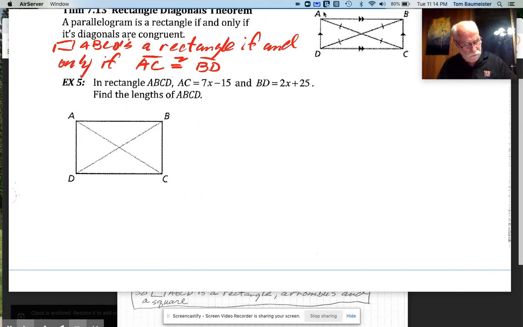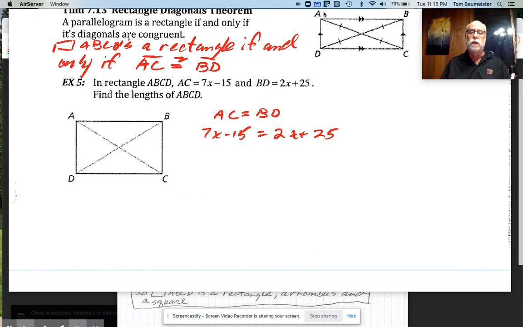So for this, we know that AC is equal to BD. So we can say that 7x minus 15 is equal to 2x plus 25.